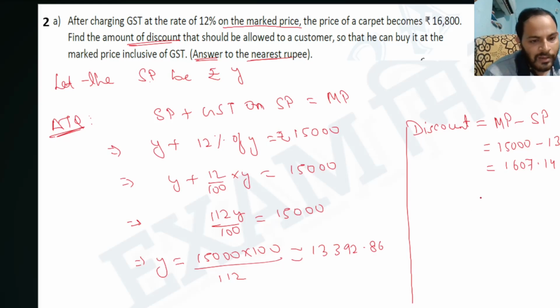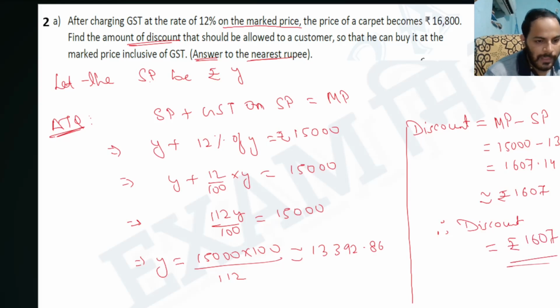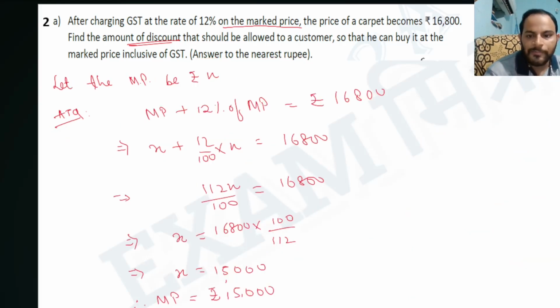That means the nearest rupee answer will be rupees 1607. So the amount of discount that should be given is rupees 1607.